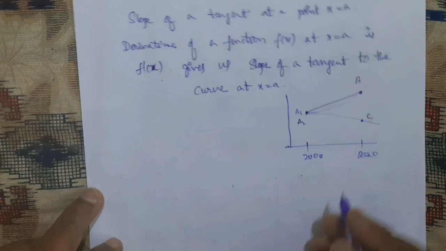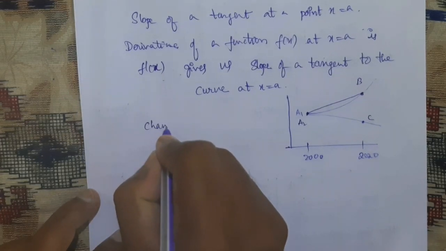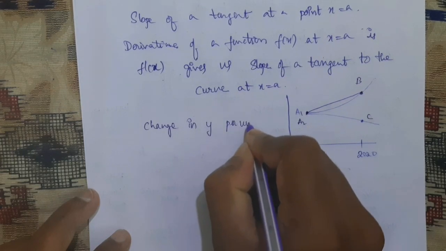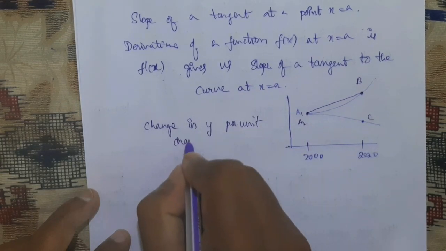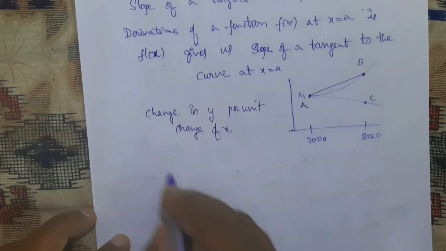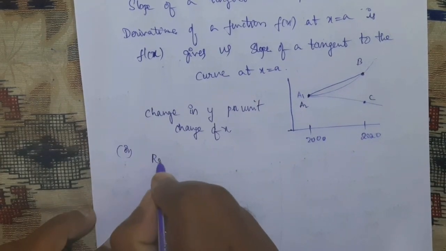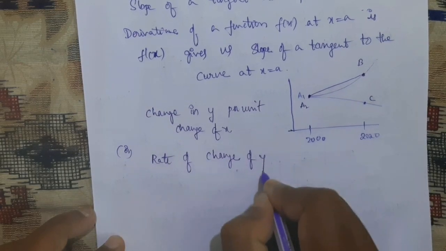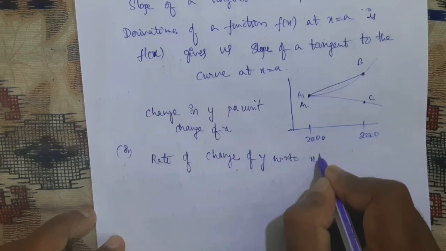Here the derivative is nothing but the change in y per unit change of x, or simply called the rate of change of y with respect to x.